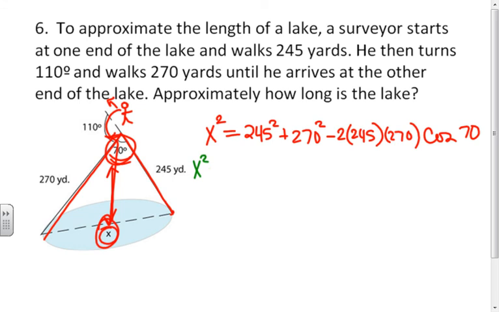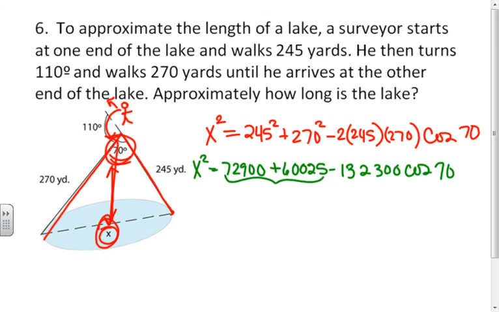So we have x squared is equal to 72,900 plus 60,025 minus 132,300 cosine of 70. Start combining. Always careful with our order of operations.